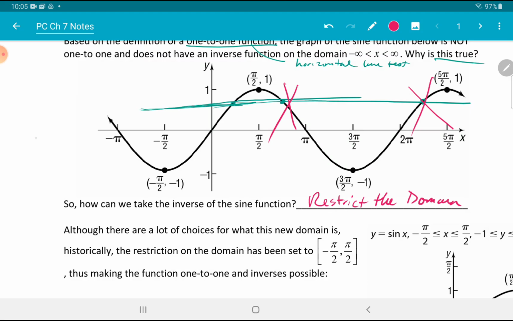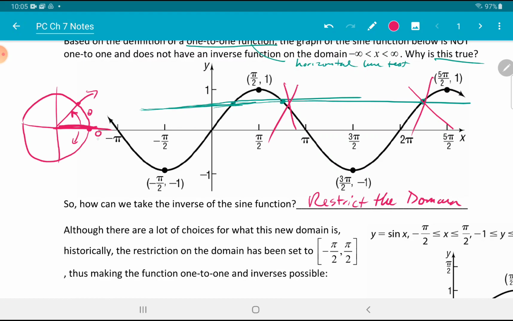And the way that we restrict the domain, if you recall from our previous unit, when we discussed how to find angle measurements on our unit circle, keep in mind that we have the initial ray right here, and then from there you either go counterclockwise or clockwise to get to some terminal ray, and that would give you some angle measurement.